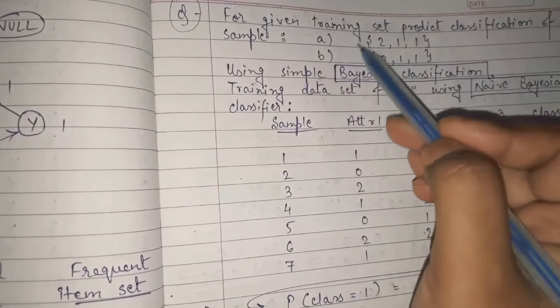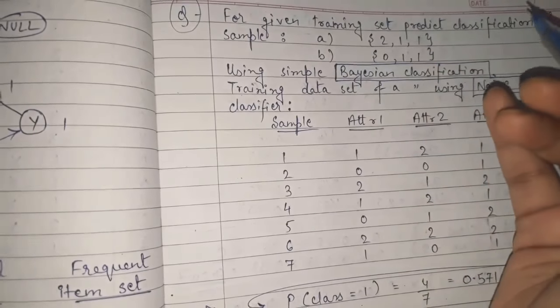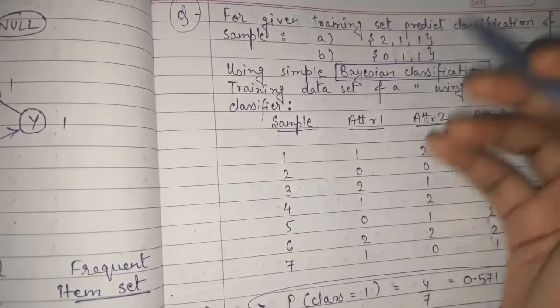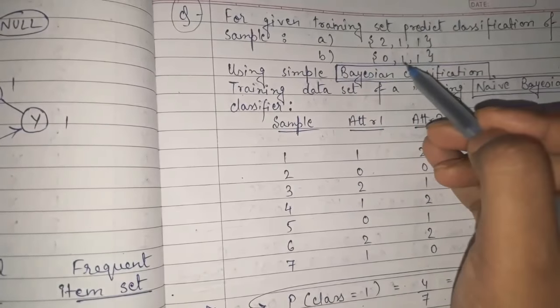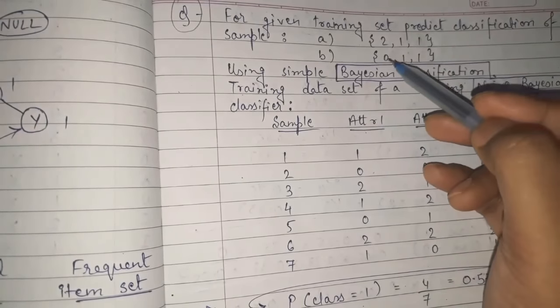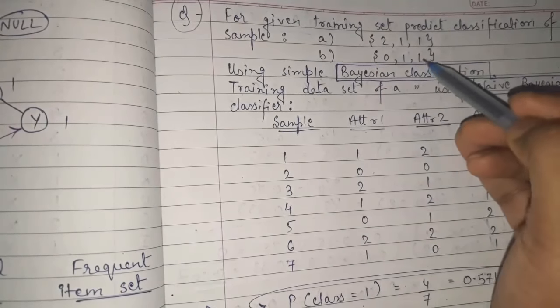So for 211 we have already predicted. Now I hope you have understood the whole procedure. Now you have to apply the same procedure for the tuple 011. That means attribute 1 will be 0, attribute 2 will be 1 and attribute 3 will be 1.